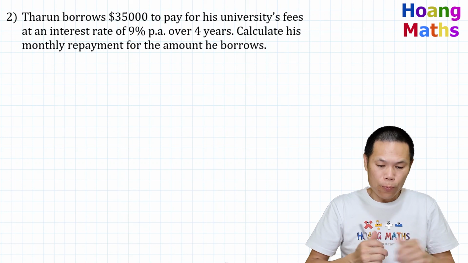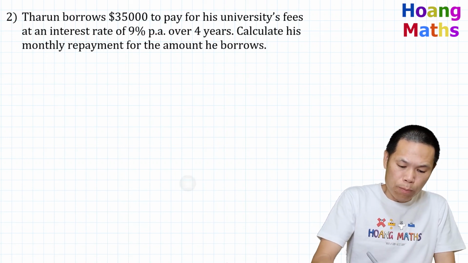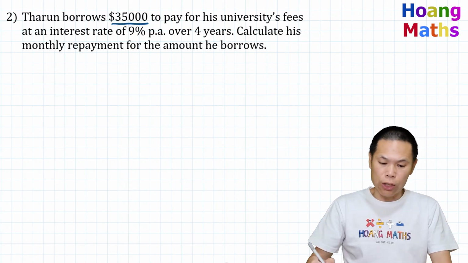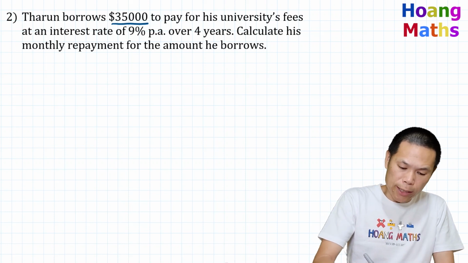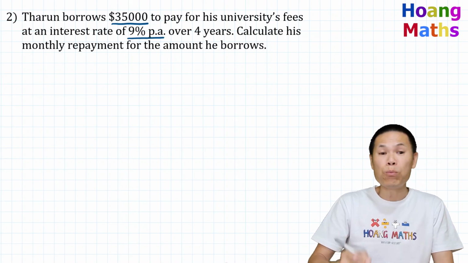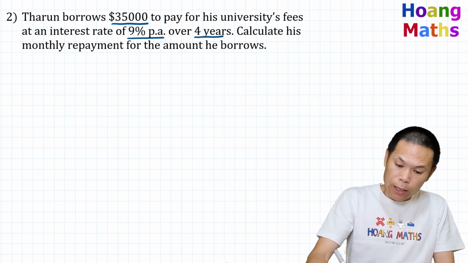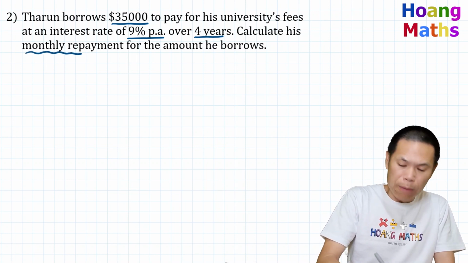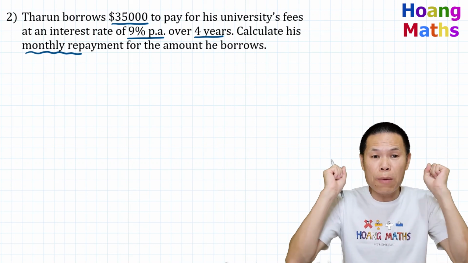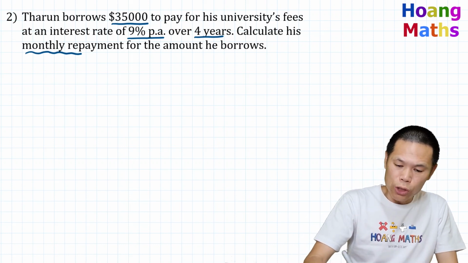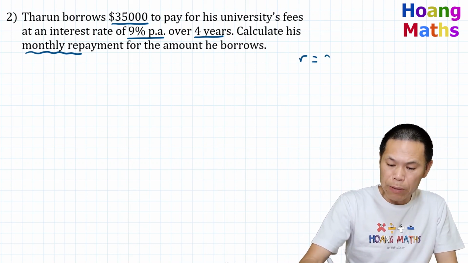So first of all, we know that Tarun borrows $35,000 and the interest rate is 9% per annum, that is per year, over 4 years. But then he has to make monthly repayments. That means the interest is charged monthly, okay? So we just go, r is 9% per year, we divide by 12.